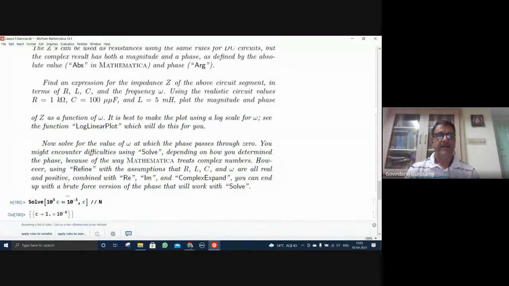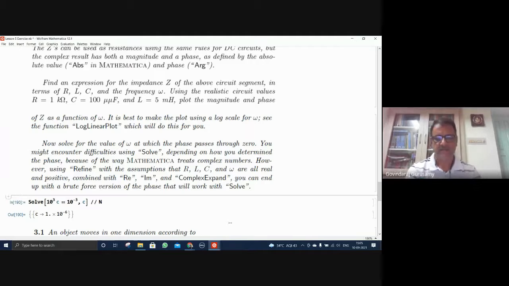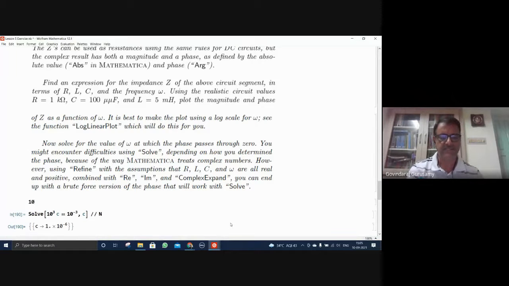Now, I have a time constant. Resistance is 1 kilo ohm, which means 10 power 3. Then this is 1 microfarad, which is 10 power minus 6.